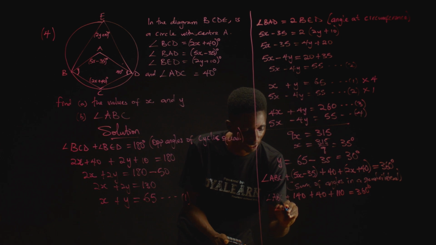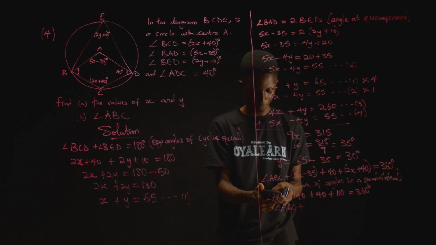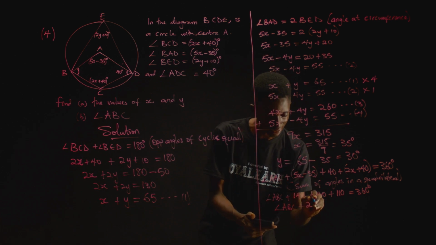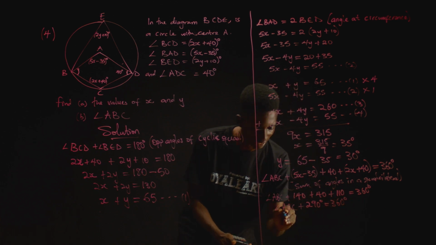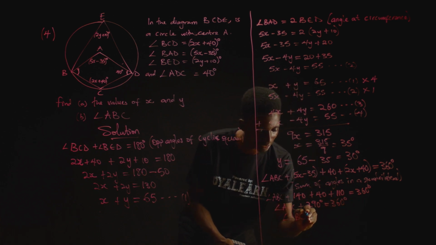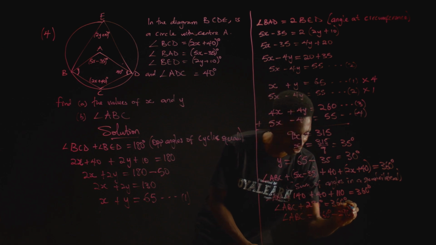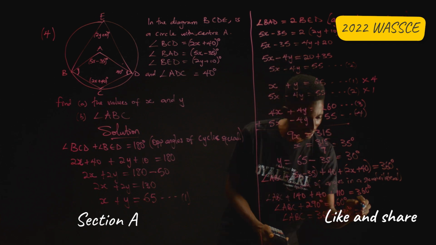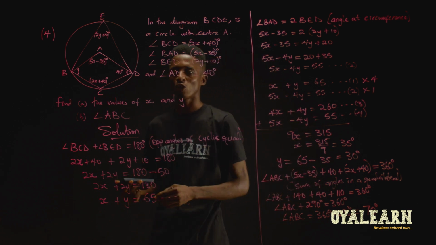So that is angle ABC plus, now what do we get here when we add everything together? So 140 plus 40 plus 110 should give us 290, equals 360 degrees. That is angle ABC is then 360 degrees minus 290 degrees, right? And when we subtract that, we get it as 70 degrees. And with that, we have solved question 4.